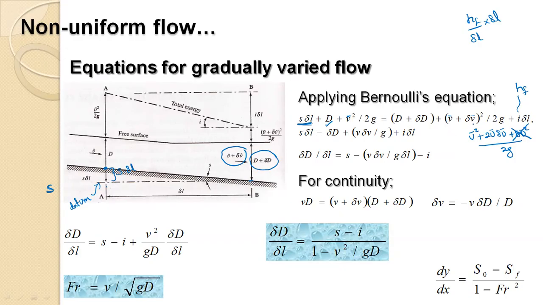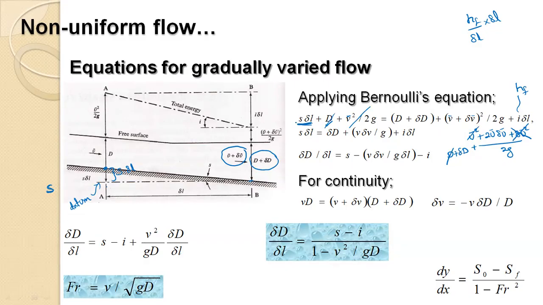So I got V bar squared plus 2V bar delta V divided by 2G here, and I had D plus delta D here. Now, looking at the left-hand side and right-hand side, this D will cancel with this D, and this V bar squared divided by 2G will cancel with this V bar squared divided by 2G.